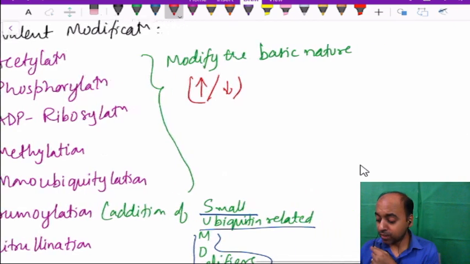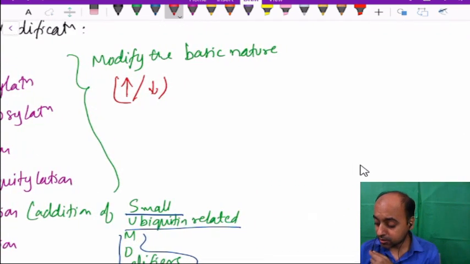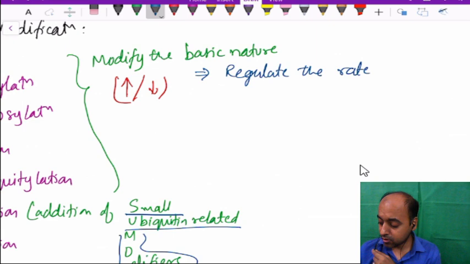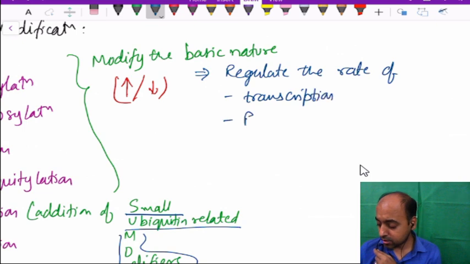So by modifying the basic nature, we can regulate the rate of two things, primarily transcription, but to some extent replication also.